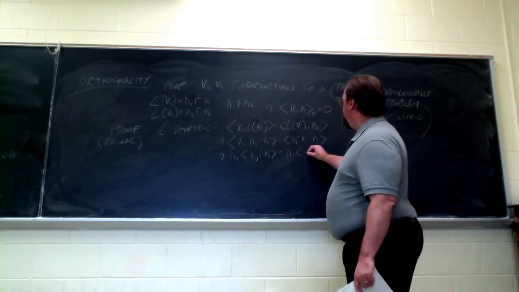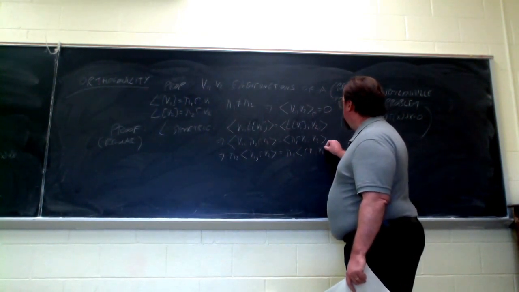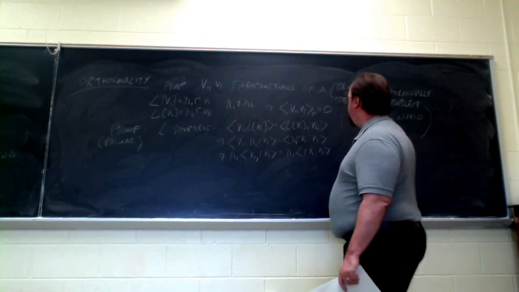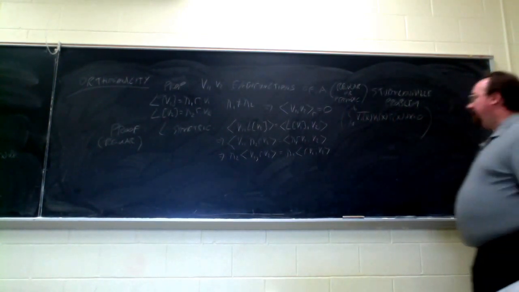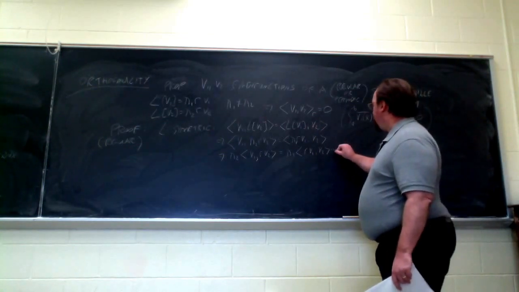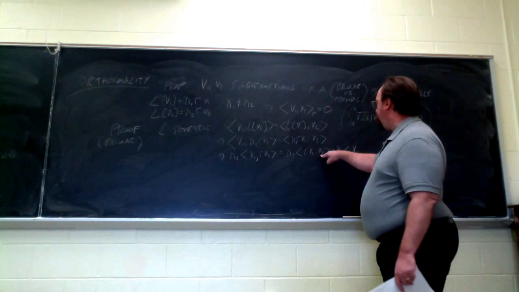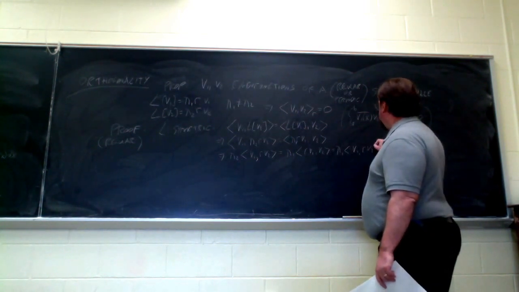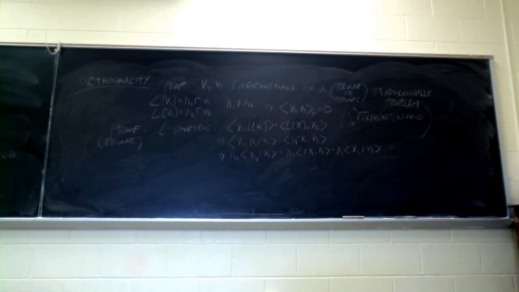And I have RV1, V2, but R is a real weight function, so there's nothing to stop me from moving R over here: V1, R, V2. So I actually have the exact same inner products.